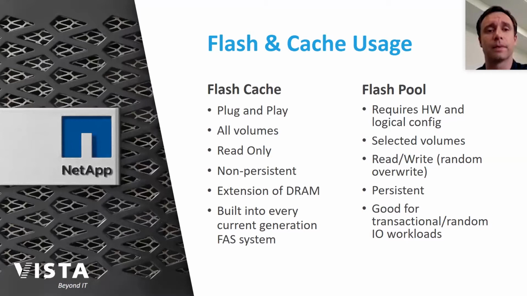So it is persistent, but not persistent in the sense that it adds to our overall capacity. It is caching, an extension of DRAM for reads. And we also have the ability to cache random overwrites, and that's really great for transactional and random I/O workloads in our environments.